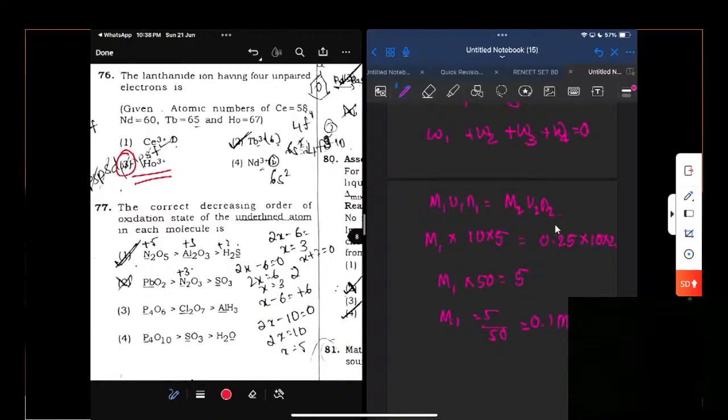The correct decreasing order of oxidation state of the underlined atom in each molecule is: calculate the oxidation number of each species, and the decreasing order is... N2O5, nitrogen is plus 5, aluminium plus 3 oxidation state, and sulfur is in minus 2 oxidation state. So the order is correct. Option 1 is correct here.